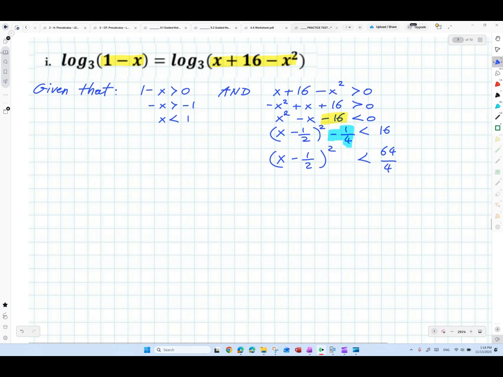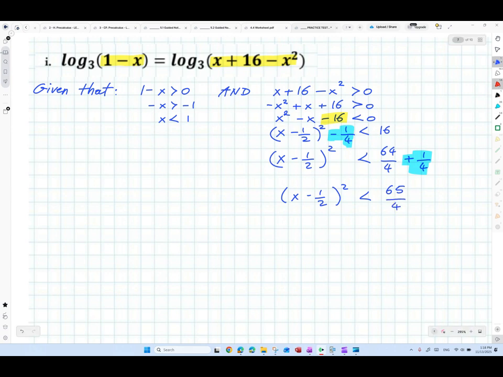It's going to become an addition. And finally, I would have x minus 1/2 squared less than 65 over 4.